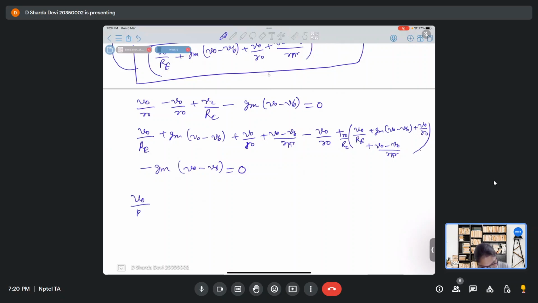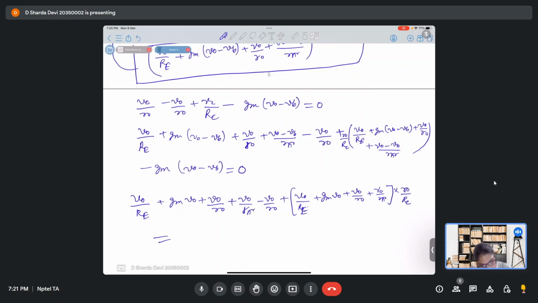So V naught by Re plus Gm V naught by R naught, V naught by R pi minus V naught by R naught plus V naught by Rc, V naught by Re, let's say V naught by Re plus Gm V naught plus V naught by R naught plus V naught by R pi into R naught by Rc equal to Gm Vb plus Vb by R pi plus Gm Vb plus Vb by R pi into R naught by Rc.